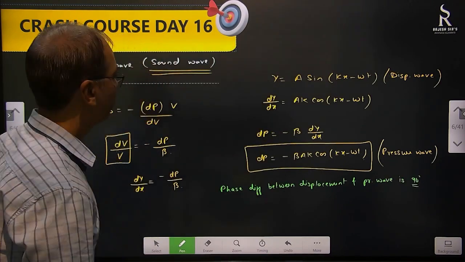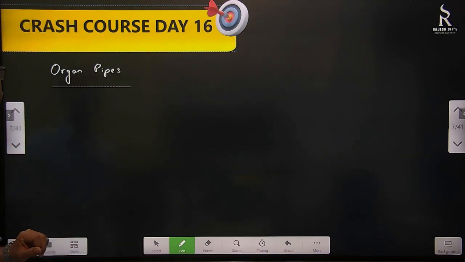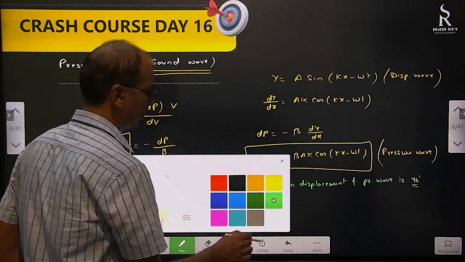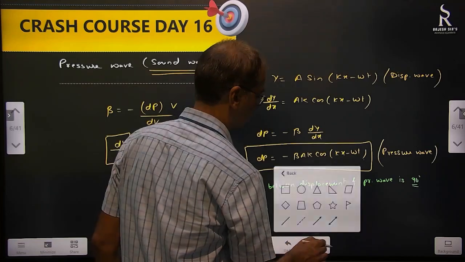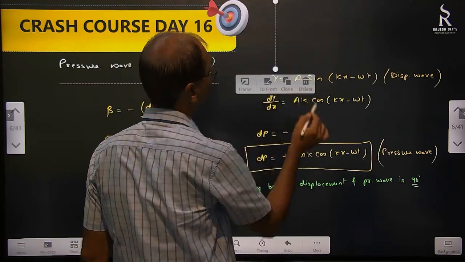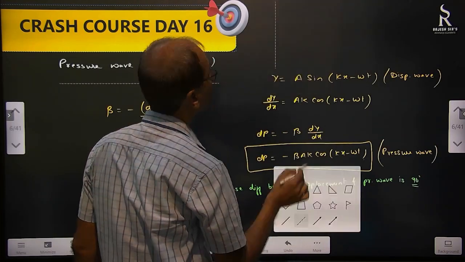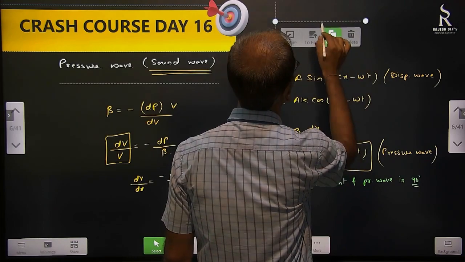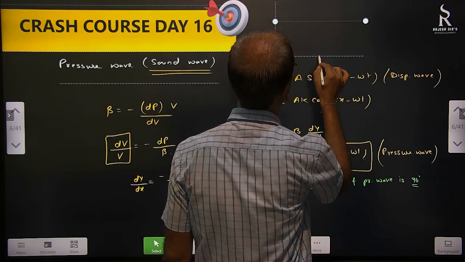Now, if we are going to make both the displacement wave and the pressure wave, how are they? See, if we make both here, this is for the displacement wave and here we are going to make the pressure wave.